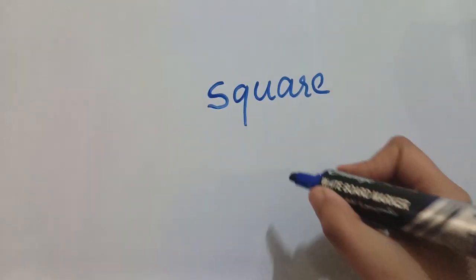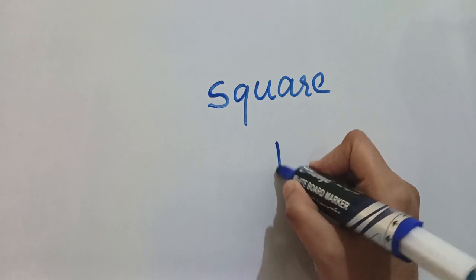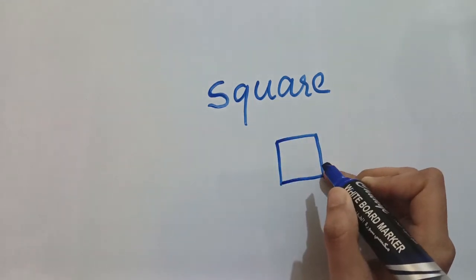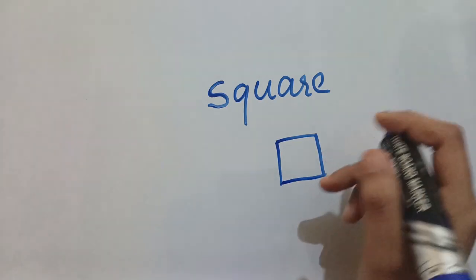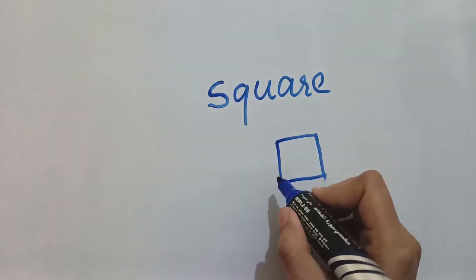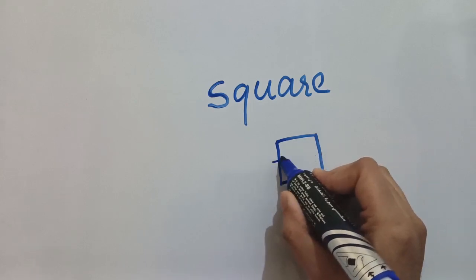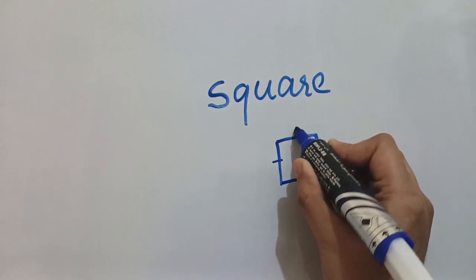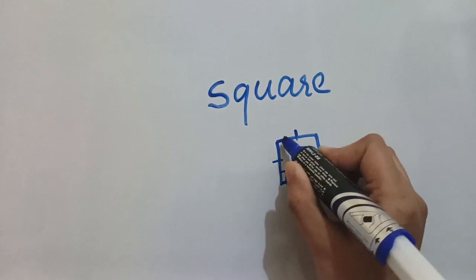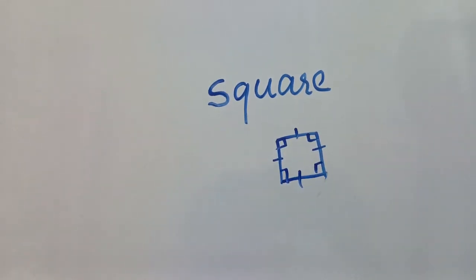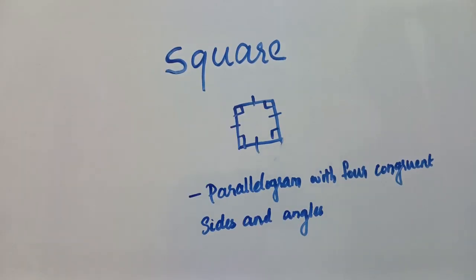A square has 4 sides equal. Therefore, we can say a parallelogram with 4 congruent sides and also 4 congruent angles. That is, a parallelogram with 4 congruent sides and angles.